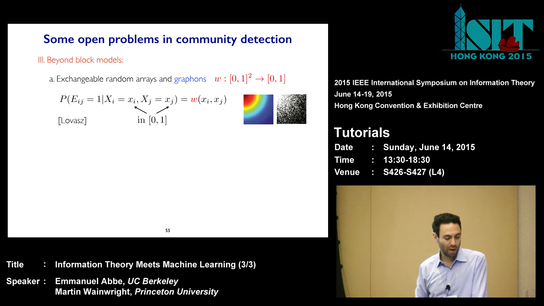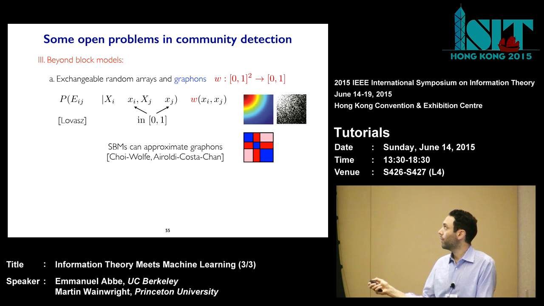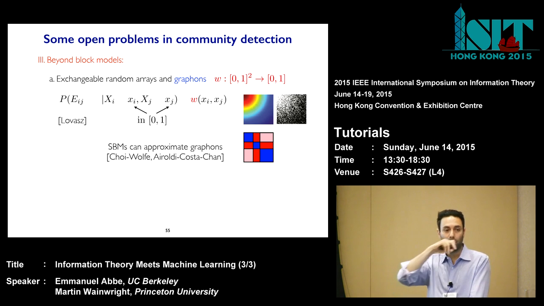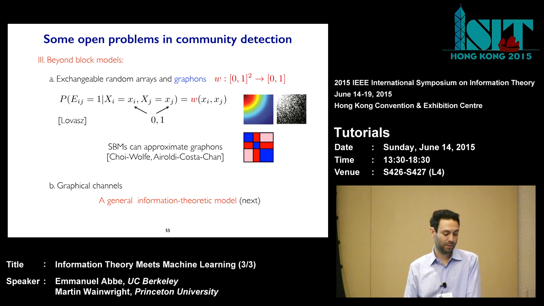So what is very nice with graphons is that there's a beautiful theory that tells you that, first of all, the limit of most graph sequences, if they converge, behave like graphons. And also the stochastic block model, in a sense, acts like an approximation of graphons under some regularities. You can represent graphons by piecewise constant blocks. Piecewise representation is exactly what the block model does.